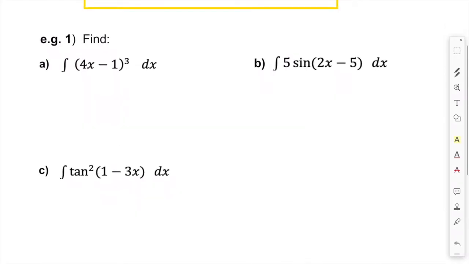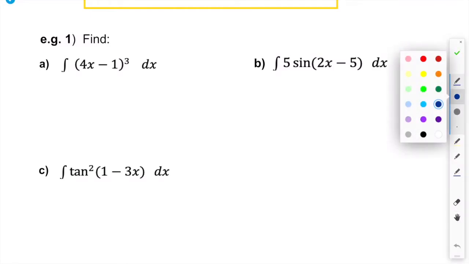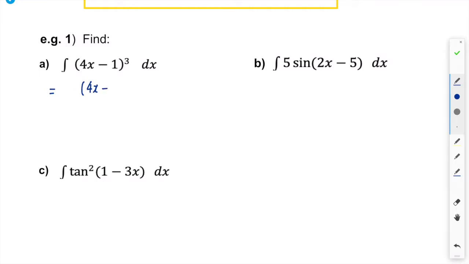Let's take a look at example 1. Find A. The integral of (4x minus 1) cubed dx. Here the big picture is the cubic function, which means that I can pretend that I'm just integrating a cubic function where I have to increase the exponent by 1 over that same exponent.